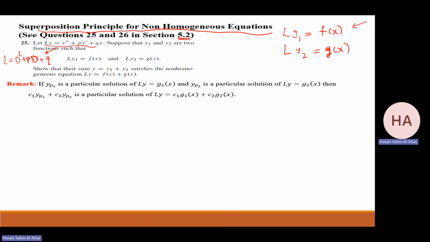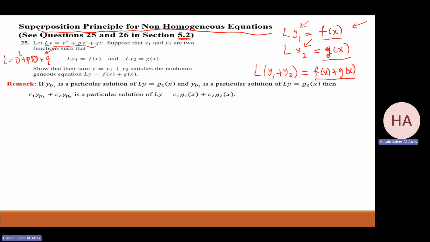The superposition principle says what? Now, if we apply L on y1 plus y2, the right-hand side is f of x plus g of x. In other words, if the right-hand side is f, I'm getting y1, and if the right-hand side is g, I'm getting y2, then if the right-hand side is f plus g, I should get as a solution y1 plus y2.